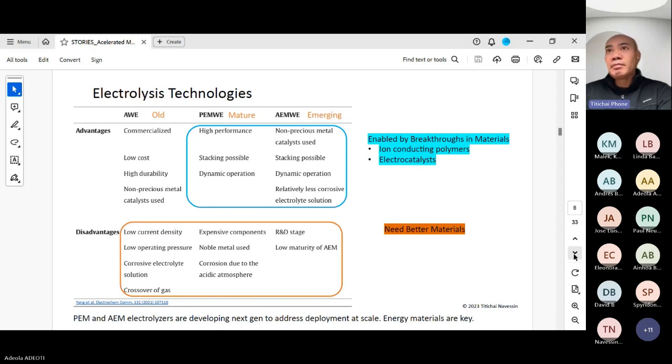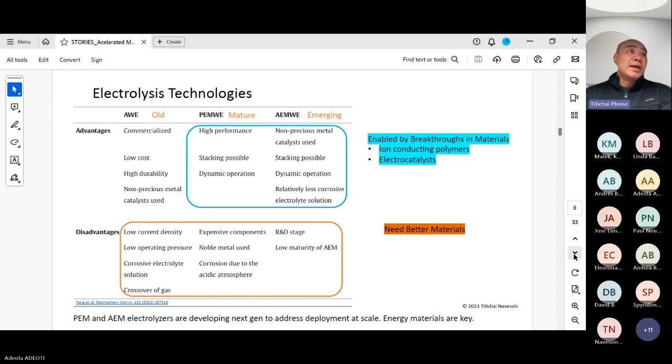In the past, maybe about 7-8 years ago. And this unlocked the entire field of AEMWE technologies, allowing these materials to be penetrated and allowing the components and systems to now begin to develop.